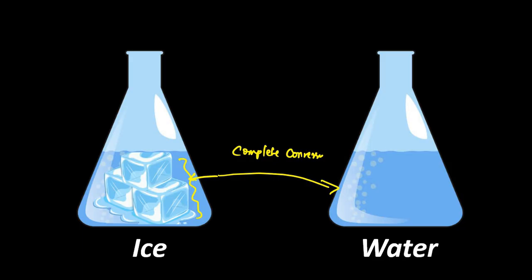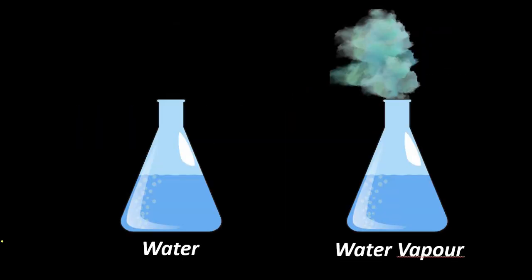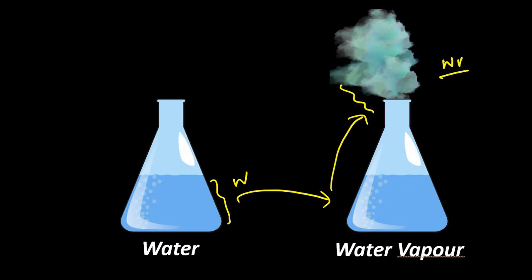First, in this stage, that is BC, to completely convert ice into water, and then at DE to completely convert water to water vapor. Even though it shows there is some water, here the entirety is converted into water vapor, not even a single drop left.